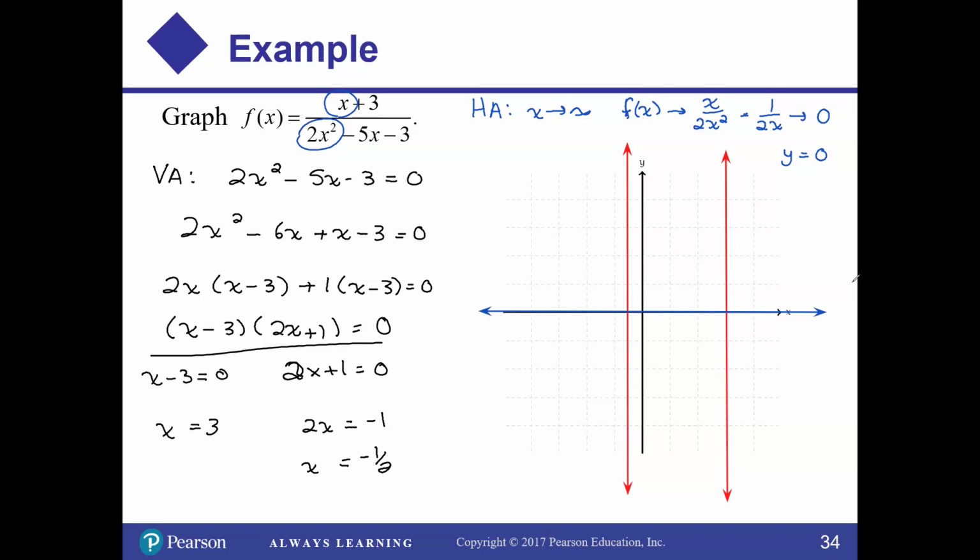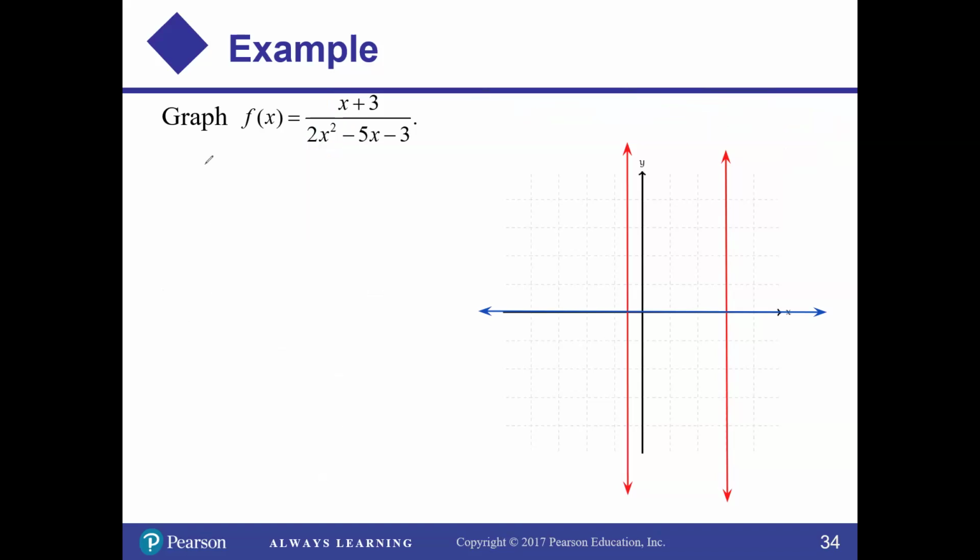All right, let me get rid of some of this, and then we're going to look for x-intercepts, y-intercepts, and some additional points. Like I said, if we're looking for our x-intercepts, also known as our roots or our zeros, it's just the top that I have to set equal to 0.